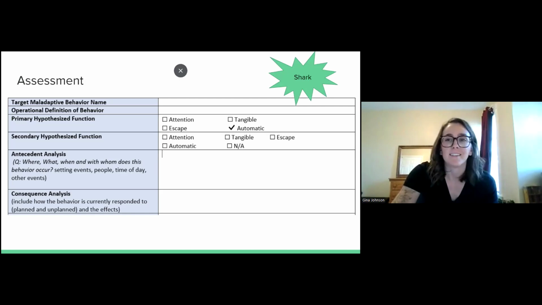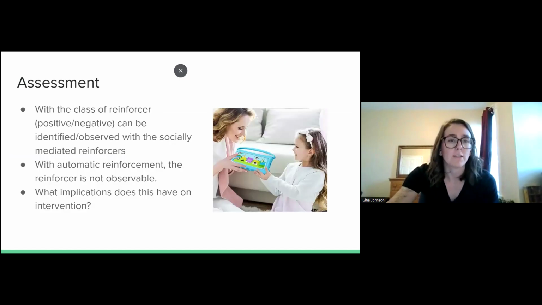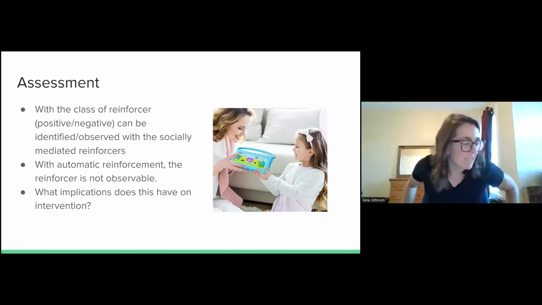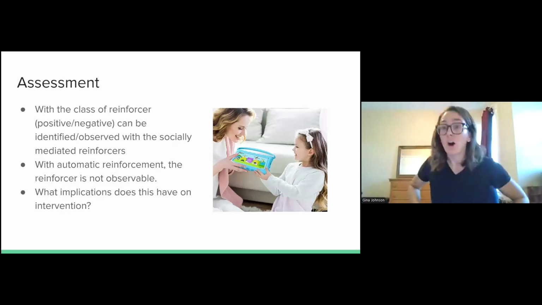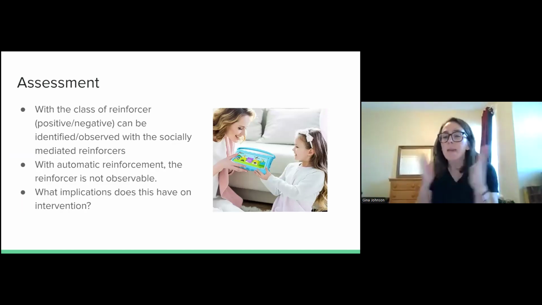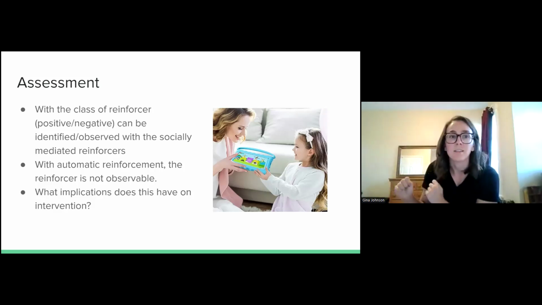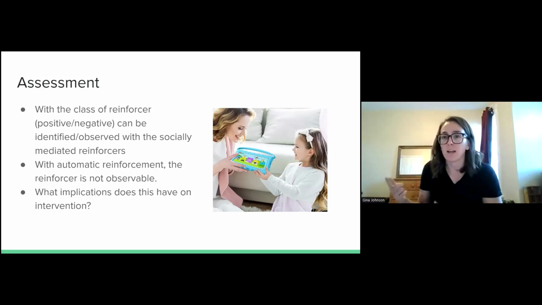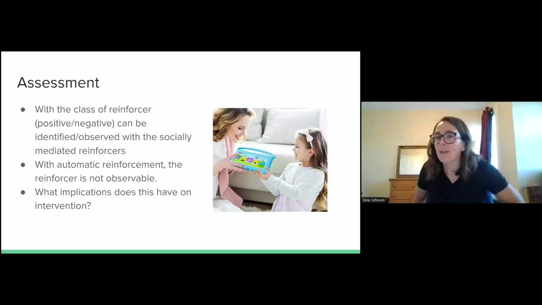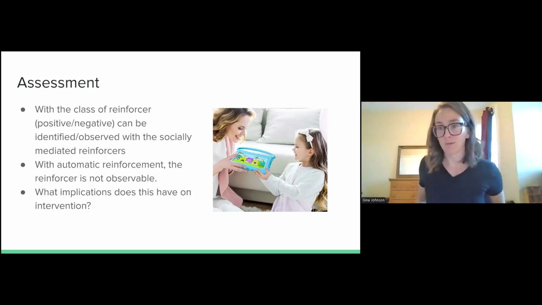All right, moving on. Okay, so some things to think about with the assessment of these behaviors that are potentially automatically retained, that make them different from the other three functions. With the other three functions, when we identify what the maintaining reinforcer is, we also get that bonus information of the class of whether it's positive or negative, right?